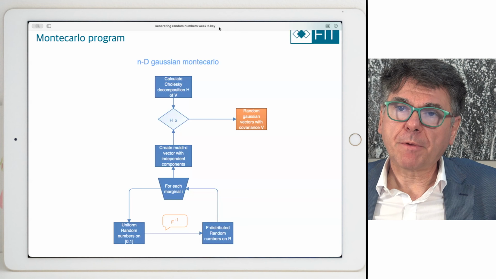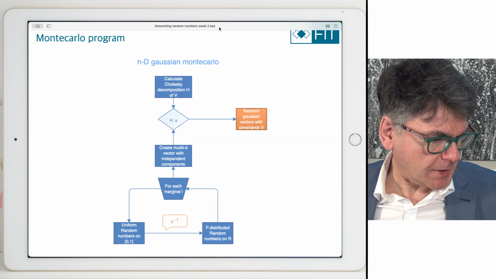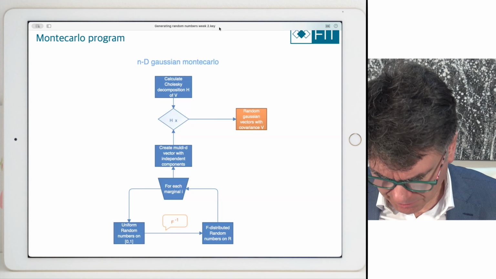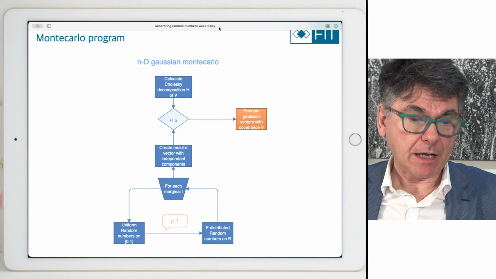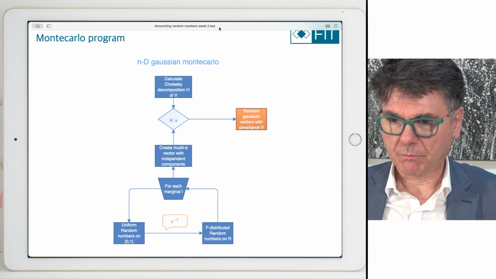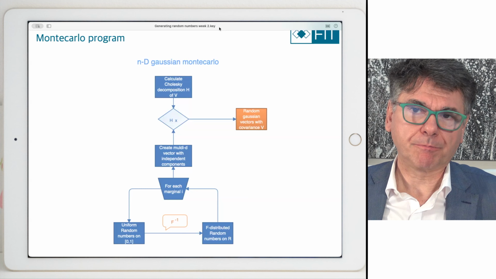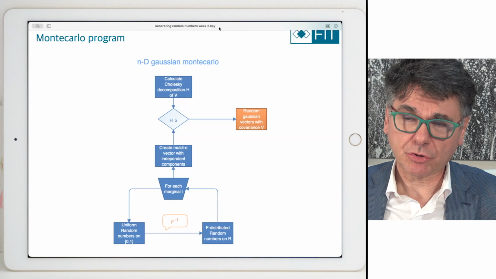Now, before I tell you how you do non-Gaussian Monte Carlo, let me make a comment. You may already know this, but as you can see, everything boils down to doing sampling in dimension one, in the unit interval, actually.